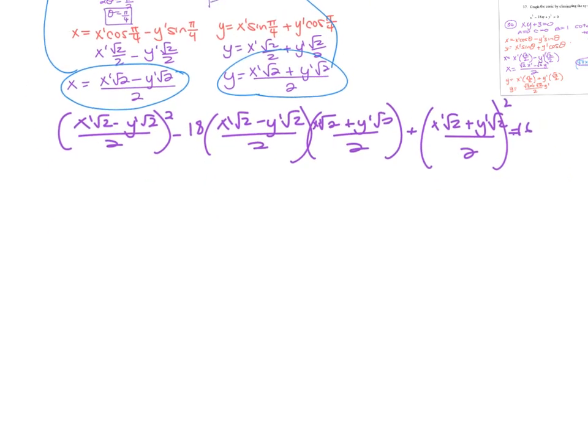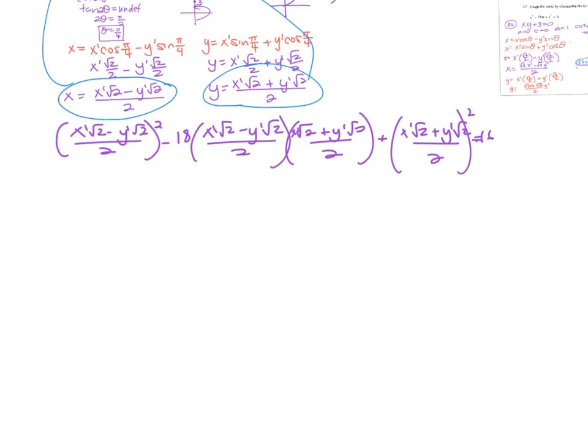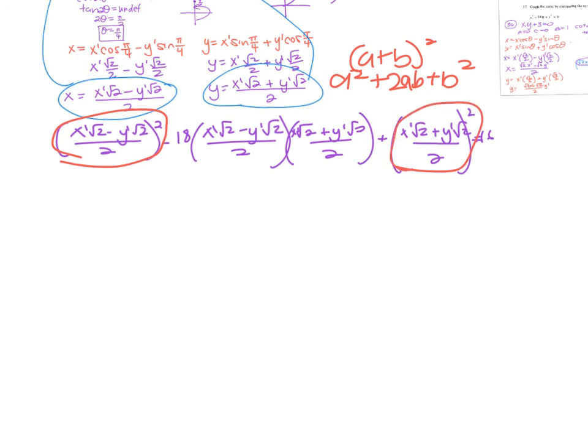And then we've got to simplify these. So we can use that like a plus b squared. If it's a perfect square, then the first term is a squared, the last term is b squared, and the 2 in the middle would be 2a times b. If that shortcut gets you, then expand it and FOIL it out.